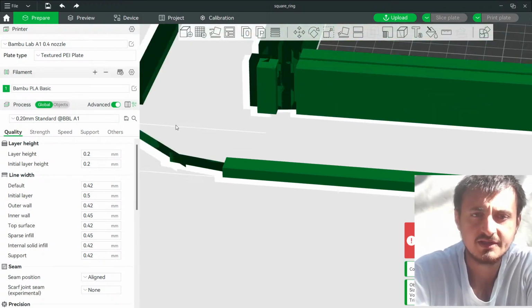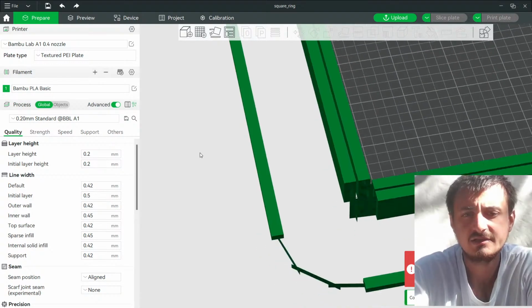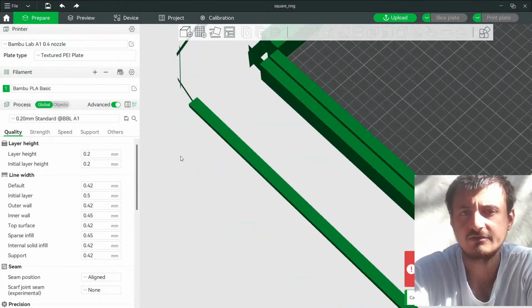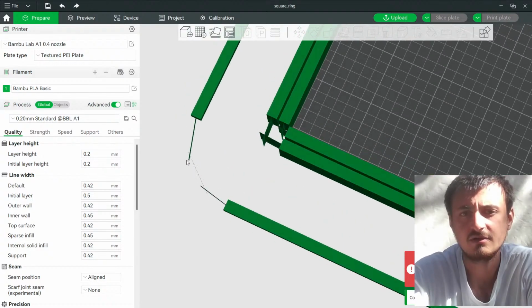Wait, but no, but look at this. See, this is all wrong, dude. Now it's only on the axis aligned paths is it correct. Everything else is wrong.